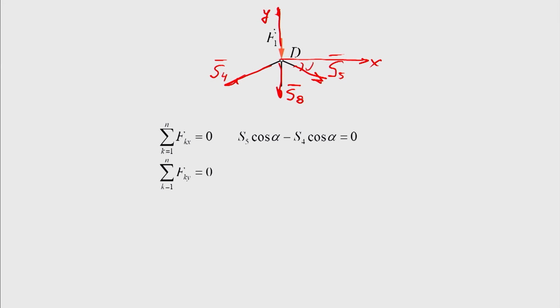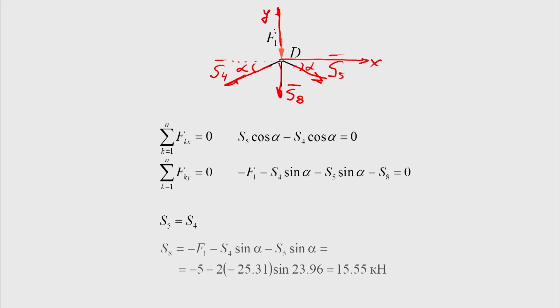When projecting the forces, we use the angle alpha. Having solved the resulted system of equations, we then find the values of the forces in the truss members. We see that S5 equals S4, and the value of S8 has turned out to be positive. It means that the bar 8 is under tension.